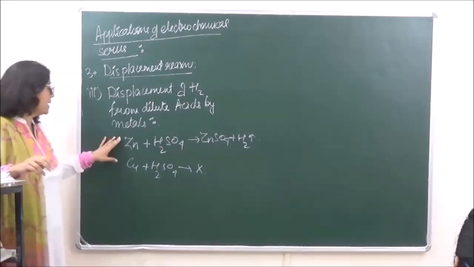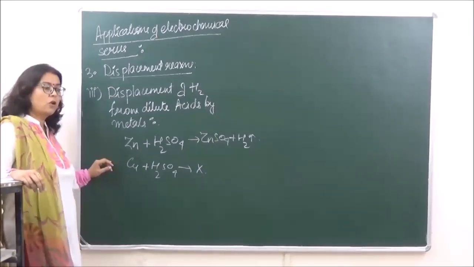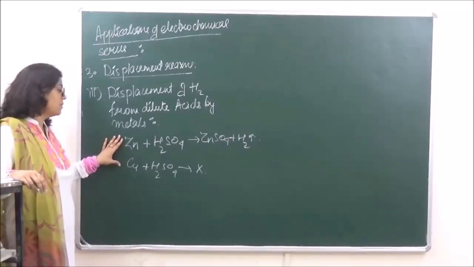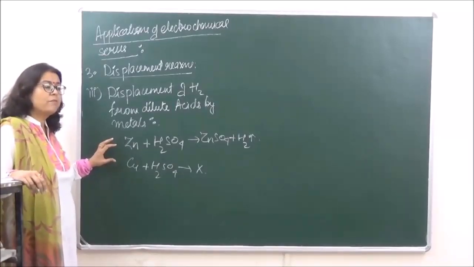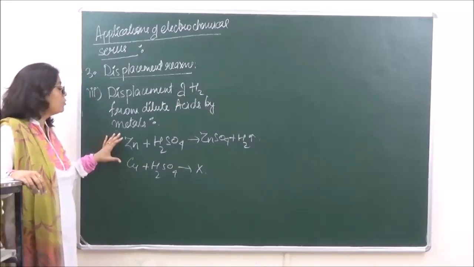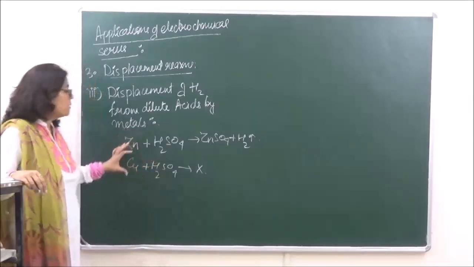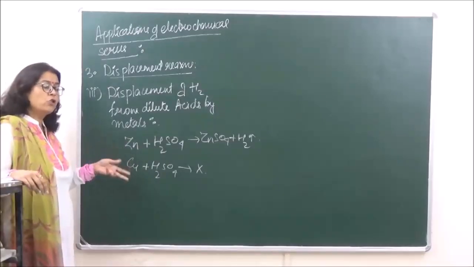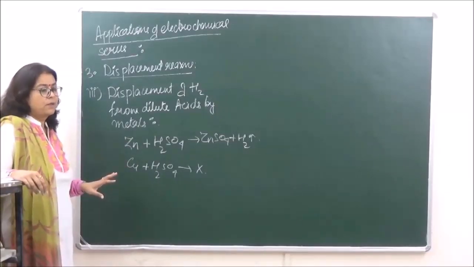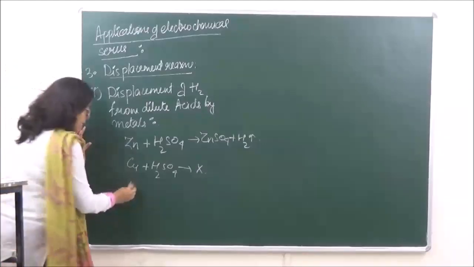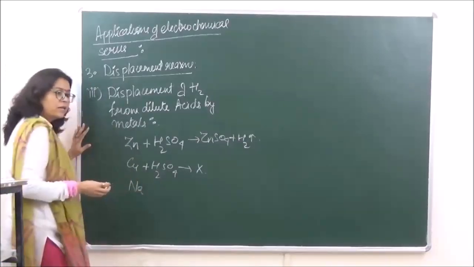Why am I again and again taking the example of zinc and copper? Because these are the two simple metals which we have used in the galvanic cell, and we know the values of both of these by heart. So this comparison study will also follow for other metals. For example, Na also has a negative value of reduction potential.